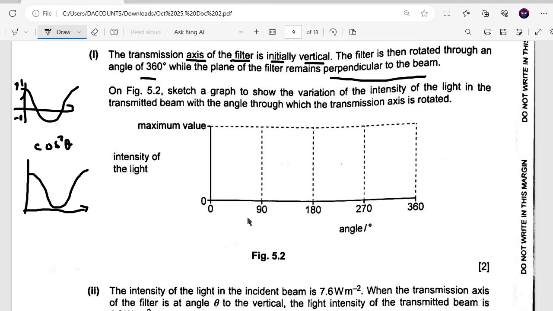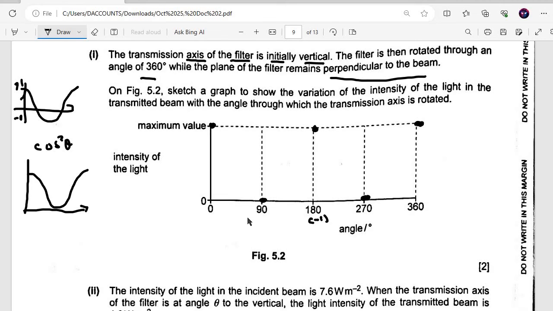What is cos 0? Let's start from 0. Cos 0 is 1, the maximum value for cos. Cos 90 is 0. Cos 180 is -1, but due to the square, -1 squared is +1. Cos 270 is 0. Cos 360, I think it's 1.